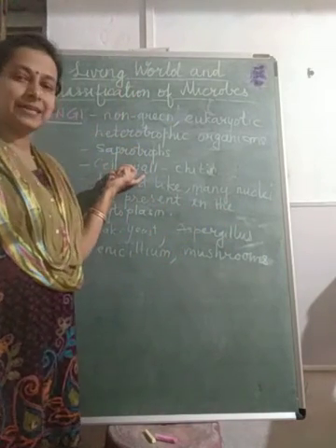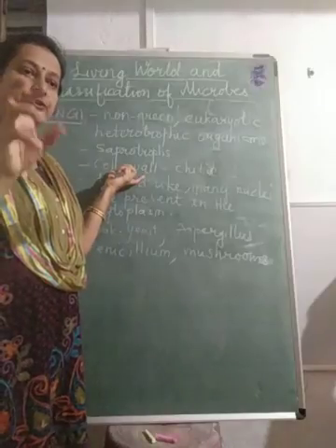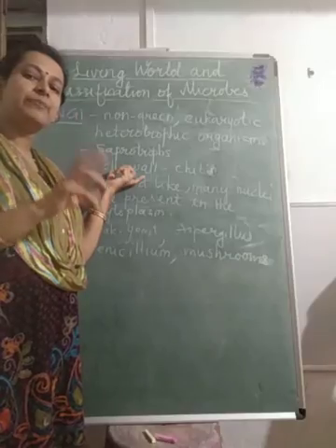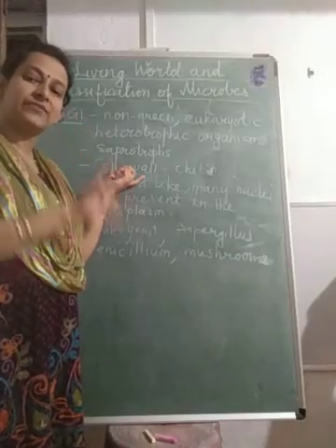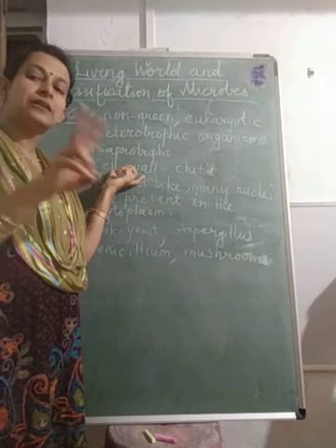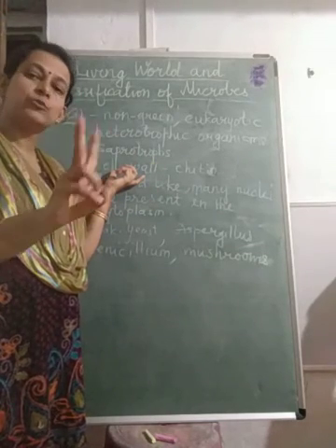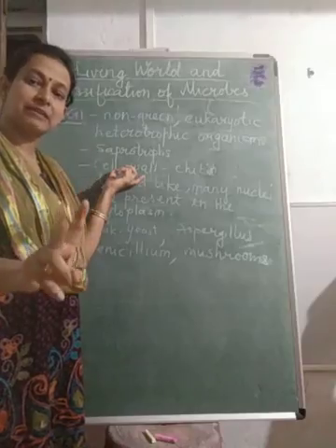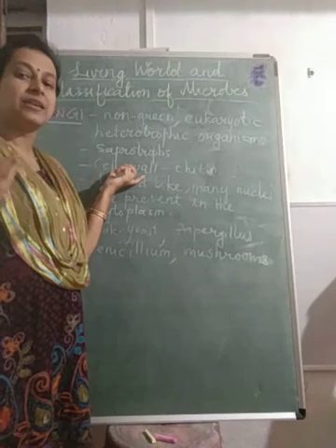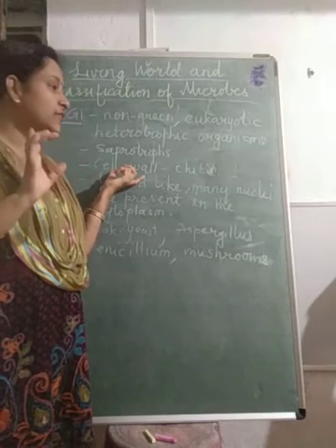So you have learned that under eukaryotic multicellular organisms, they are again divided on the basis of whether they have the presence of a cell wall or don't have a cell wall. Only two kingdoms have a cell wall, that is kingdom fungi and kingdom plantae, whereas kingdom animalia do not have a cell wall.